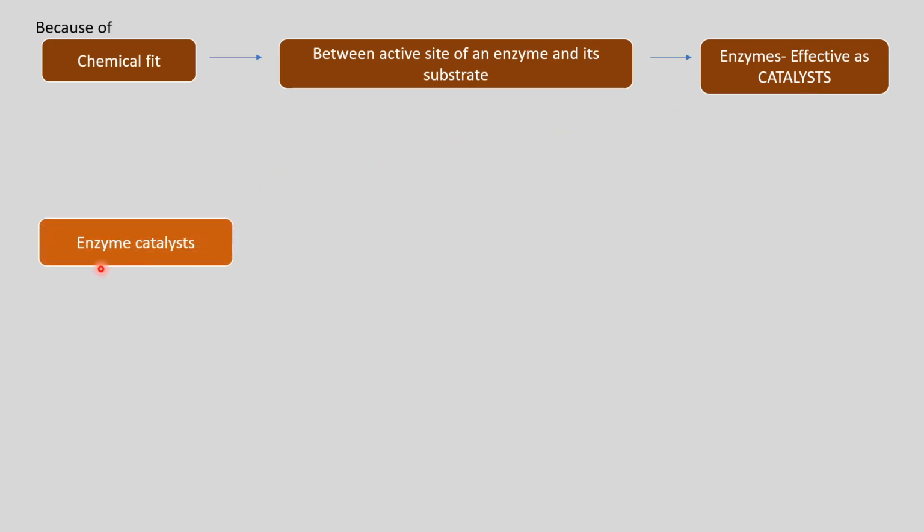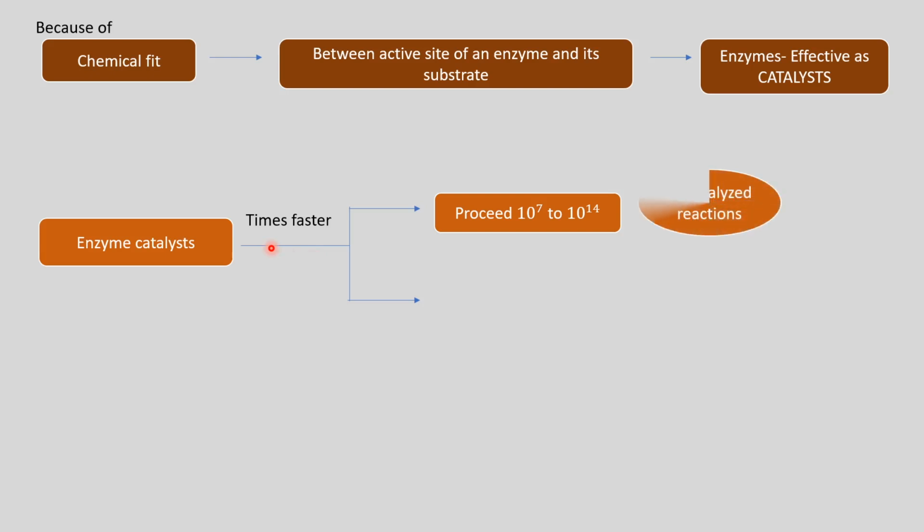Now the enzyme catalysts can actually proceed 10 raised to 7 to 10 raised to 14 times faster than uncatalyzed reactions. As I told, catalysts are something that speed up the rate of reaction.